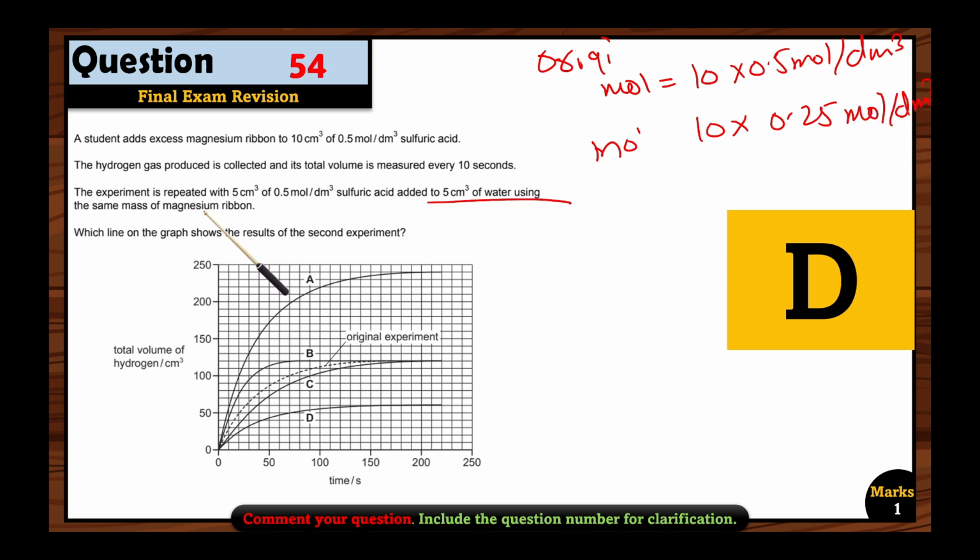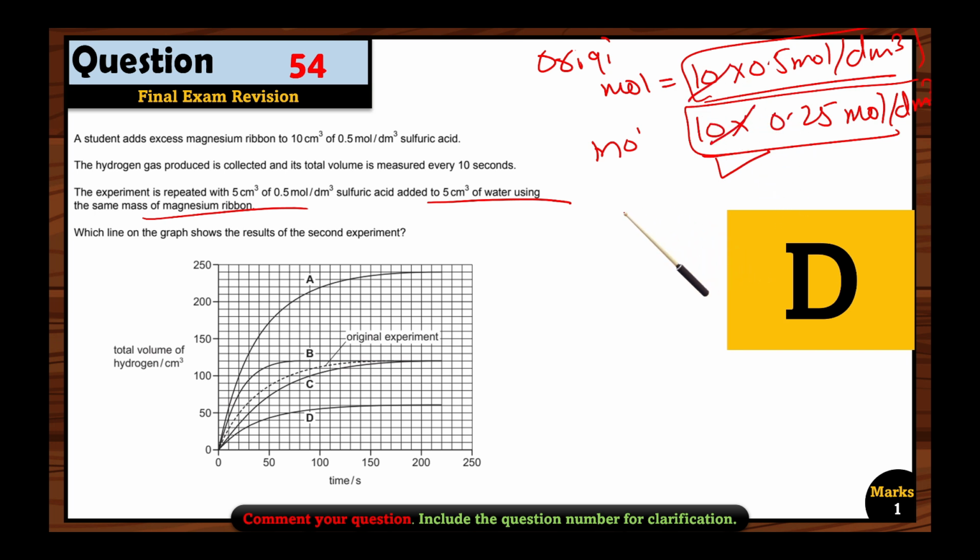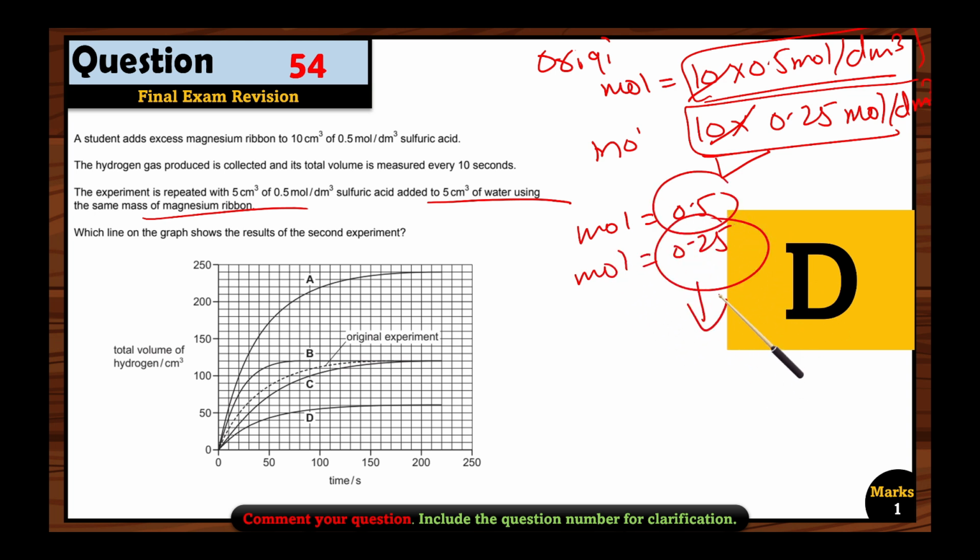If you look at these two, which one will have the smallest answer for the moles? Of course, this one. The moles are 0.5 here, and here we have 0.25. It means you will get a smaller volume of your product. So the hydrogen volume will be smaller.